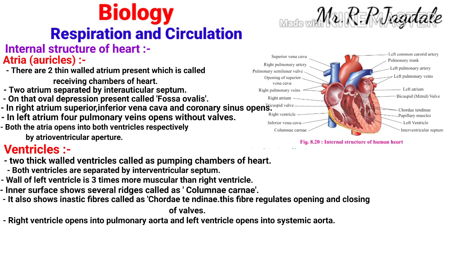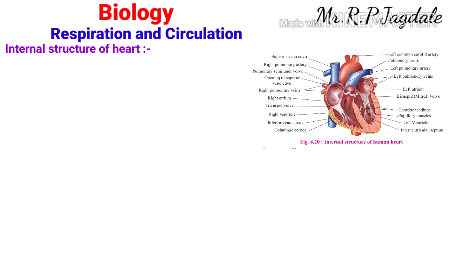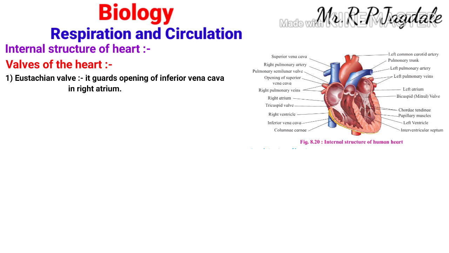Then, in the internal structure of the heart, the next part is the valves of the heart. There are mainly 5 valves present in the heart internally. The first one is the Eustachian valve.